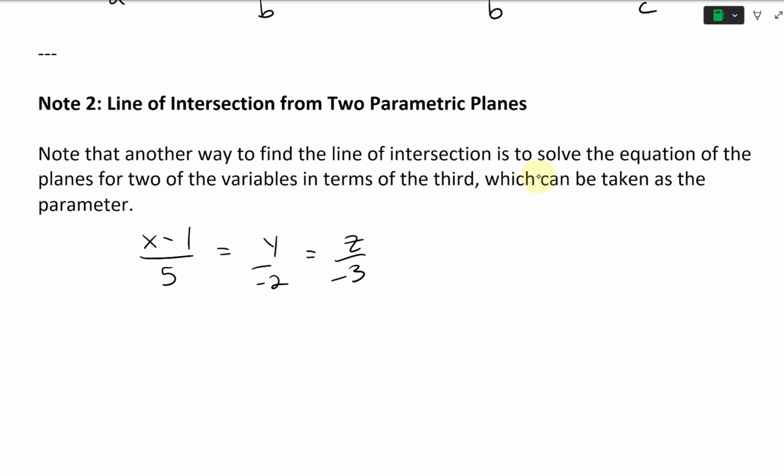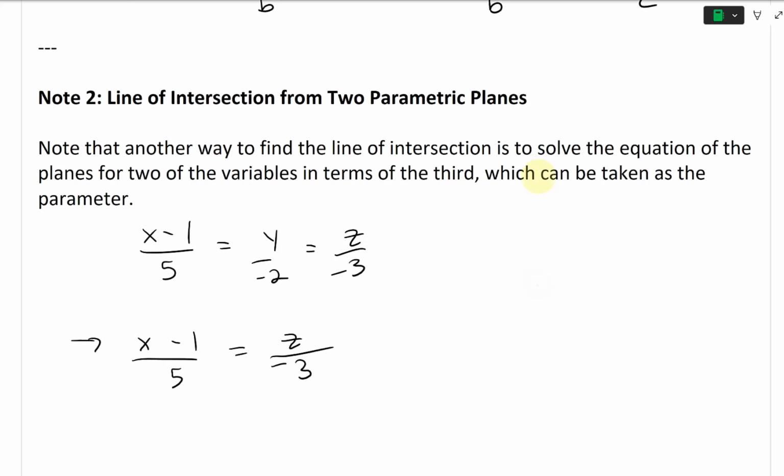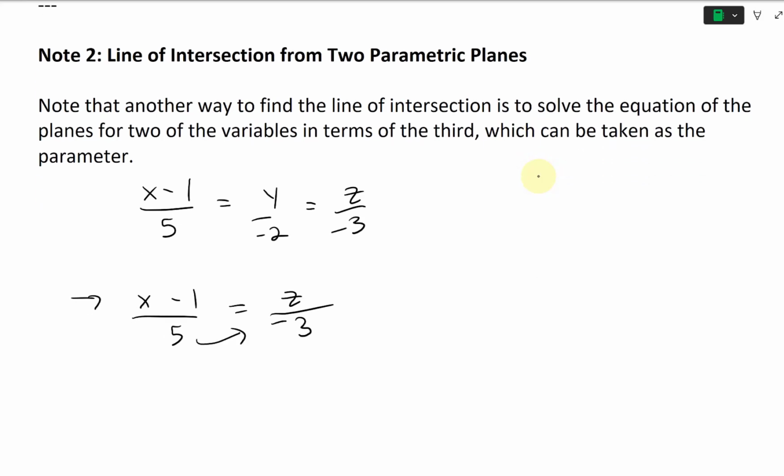So let's just write this out. We'll get x minus 1 over 5 equals z over -3. If we solve this, we'll multiply the 5 on top, and then shift this over. We're going to get x equals 1, it's going to be 1 minus, because there's a -3 there, 1 minus 5 over 3 z, like that.